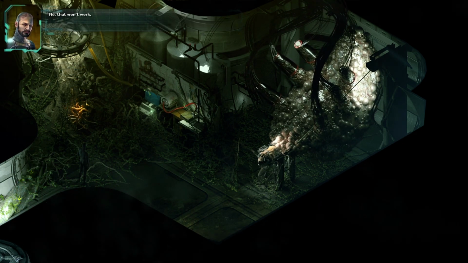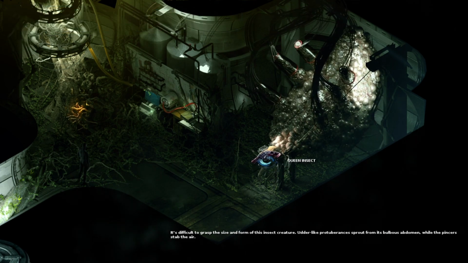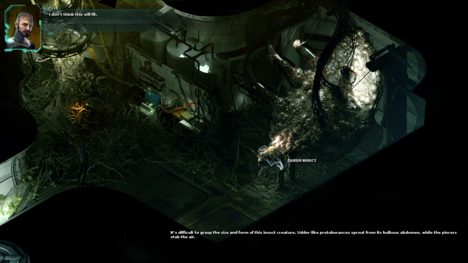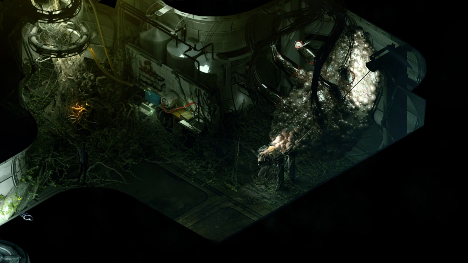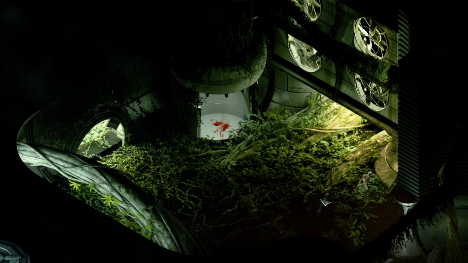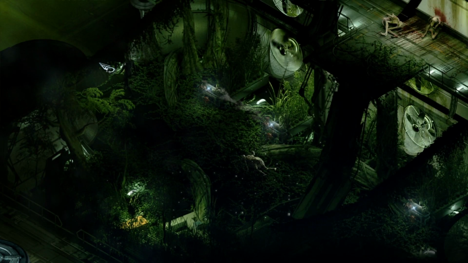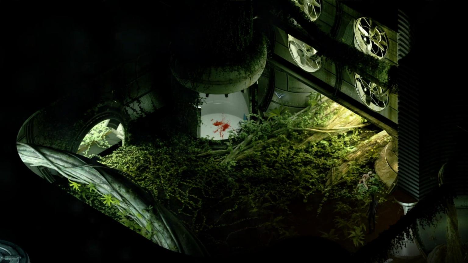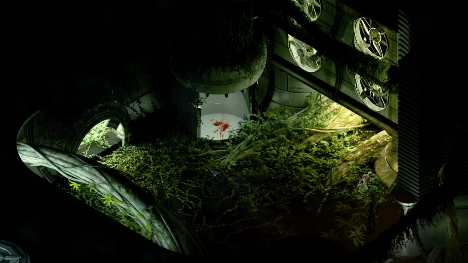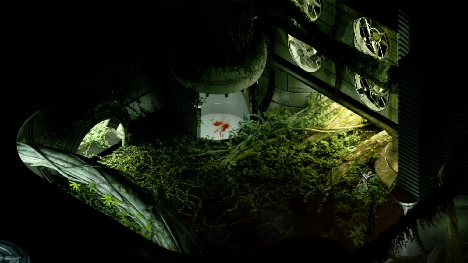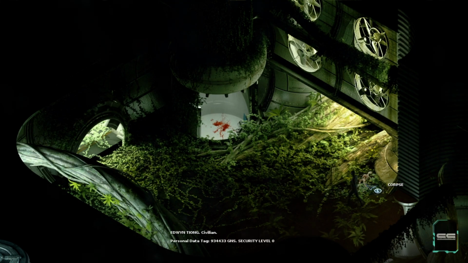No, that won't work. This just gets me eaten, right? I don't think this will fit. Okay, or it doesn't do anything at all. Is there anything in here? There's all of this greenery on the ground, so it would be pretty easy to hide an item amongst it, I suppose.